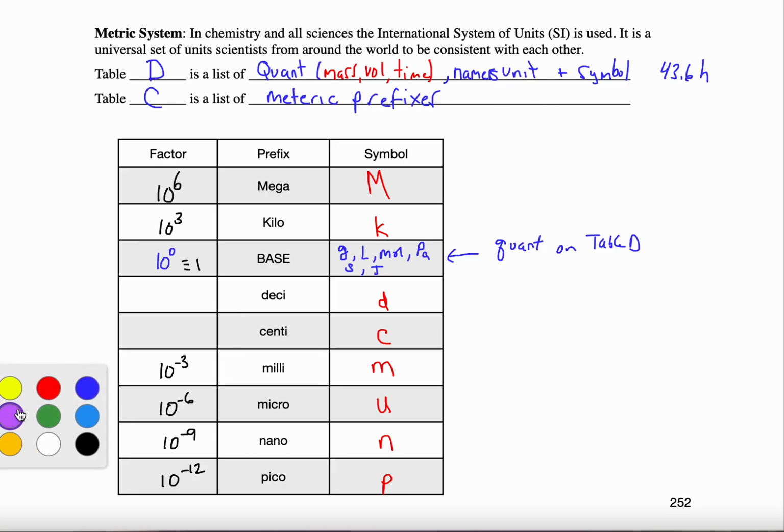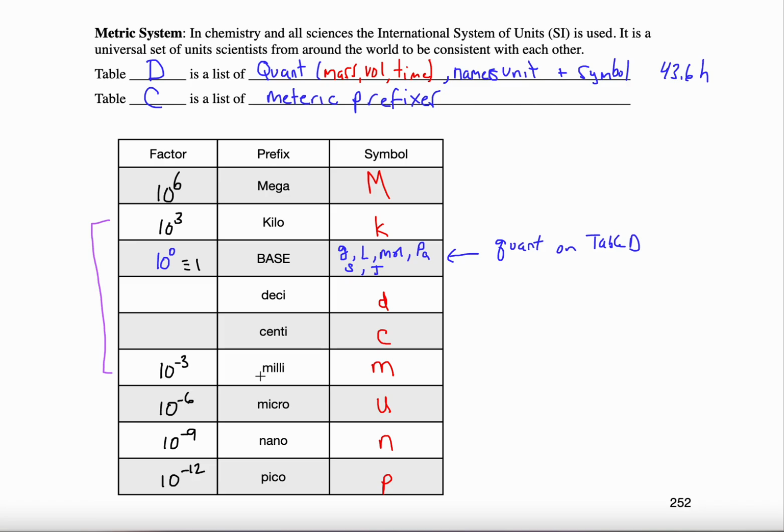Pretty much from kilo down to milli, in everyday commercial life around the world, these are probably the prefixes that people use in their everyday lives. Distance between home and work.